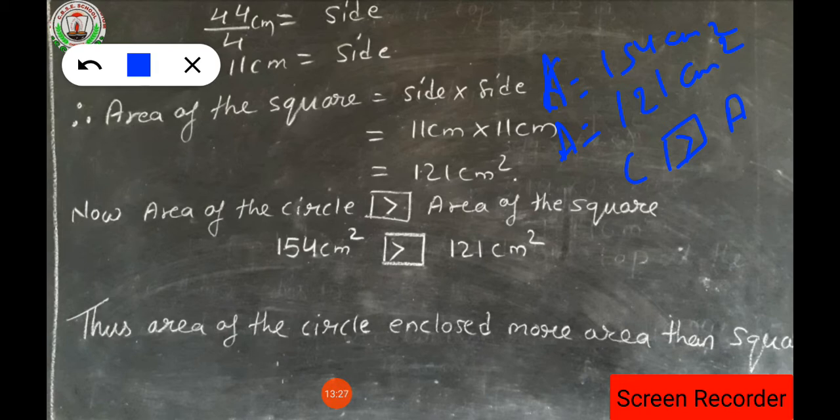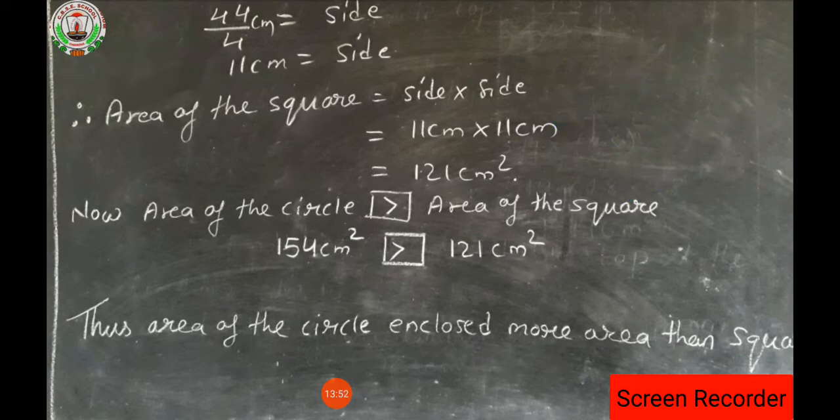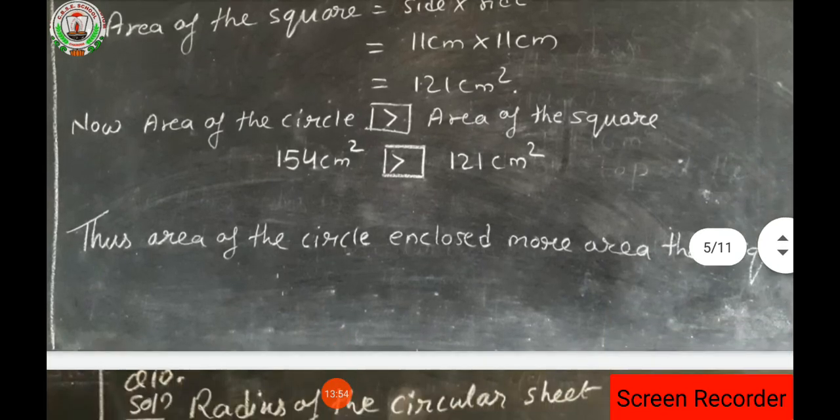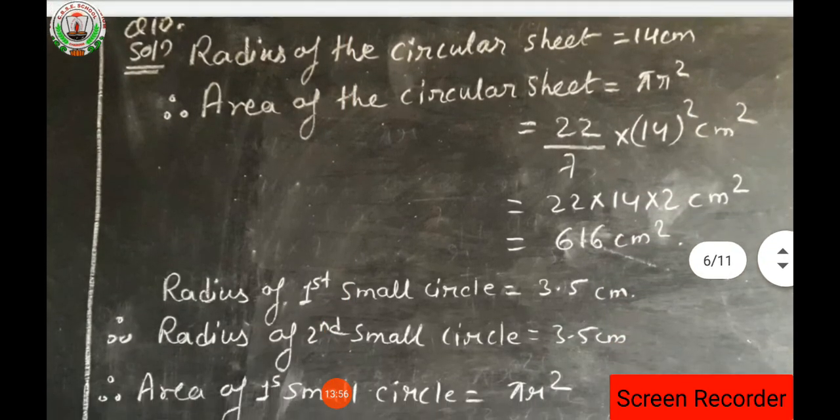Now while seeing the values of the areas, we can easily say that the area of the circle is greater than the area of the square, isn't it? Why are we seeing it like this? Because in the question it is asked that among the two, circle or square, whose area is greater. So the area of the circle is greater than the area of the square.